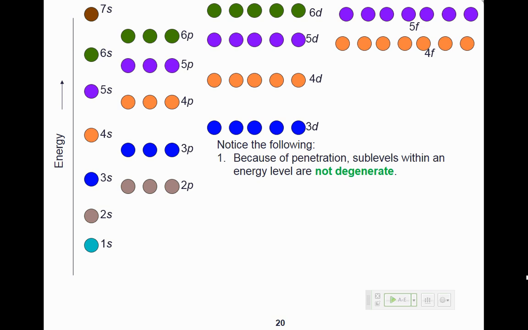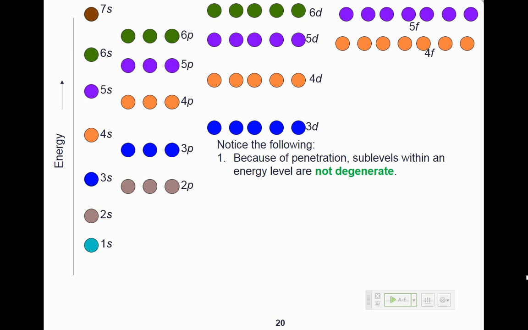There are a couple of things I want you to note with this. One is, because of penetration, the sublevels within an energy level where our quantum numbers are the same, 2, 3, 4, and so on, they're not degenerate. Also, I want you to notice that our p orbitals are always degenerate with each other, our d orbitals are always degenerate, our f orbitals are degenerate with each other, but our 4s, 4p, 4d, 4f are never at the same energy level.